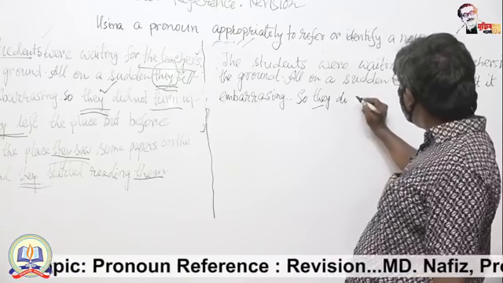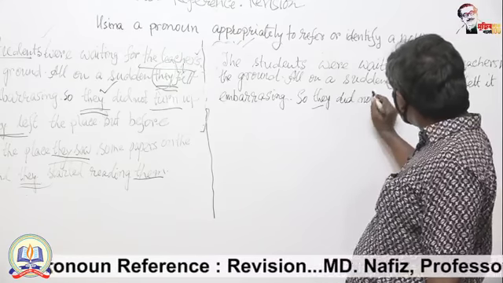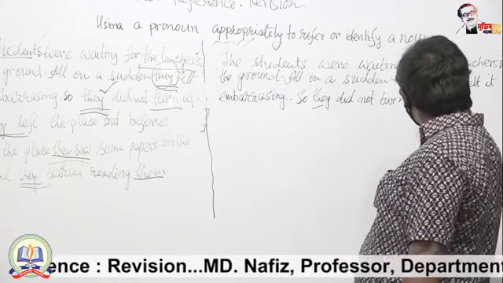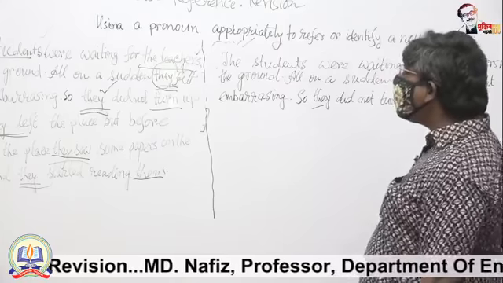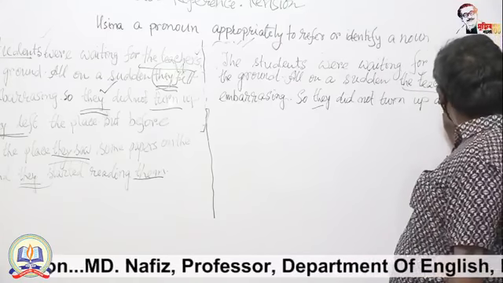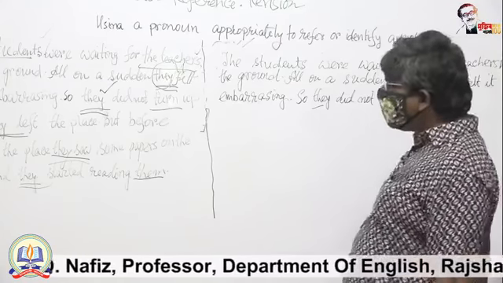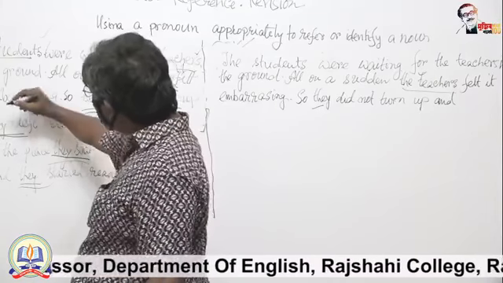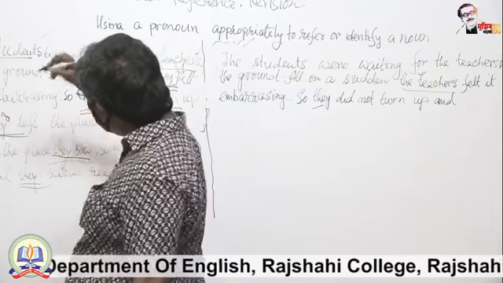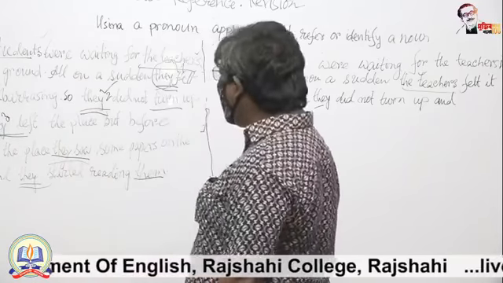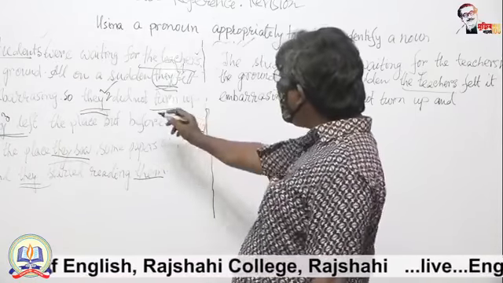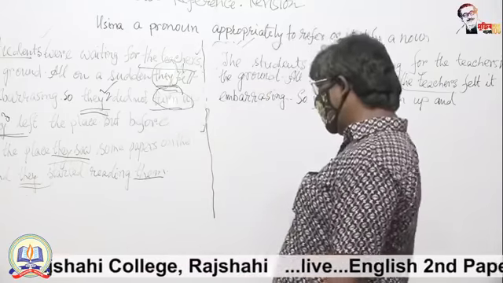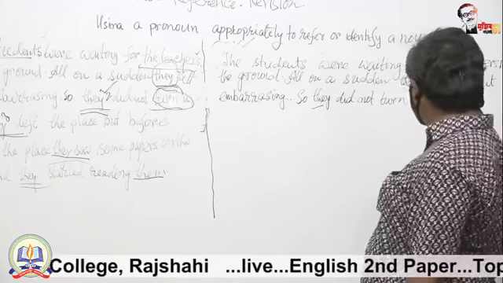did not turn up and they left the place. We have the third they. This third they refers to the students because the teachers did not turn up or move, but the students left the place.